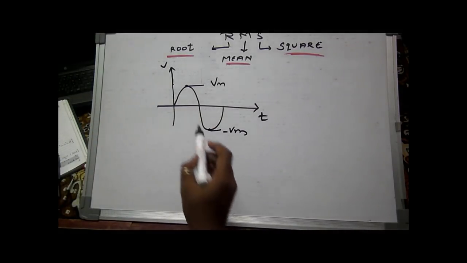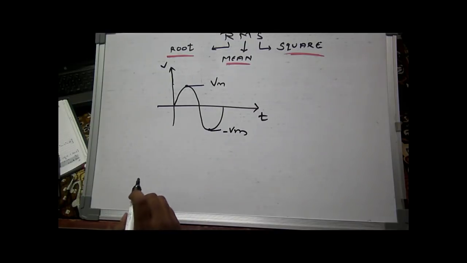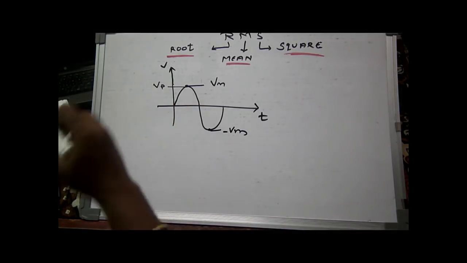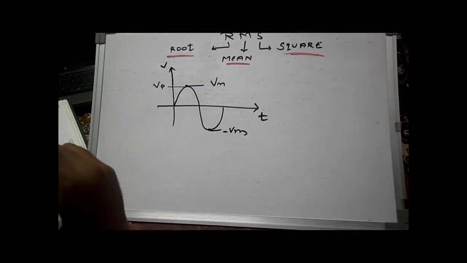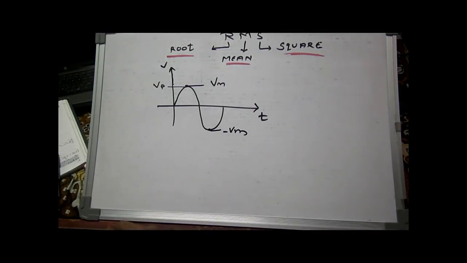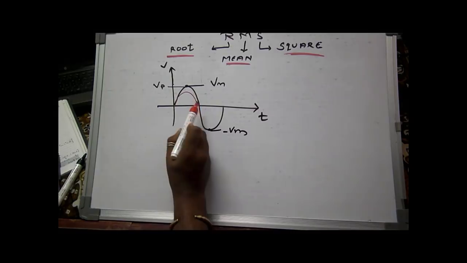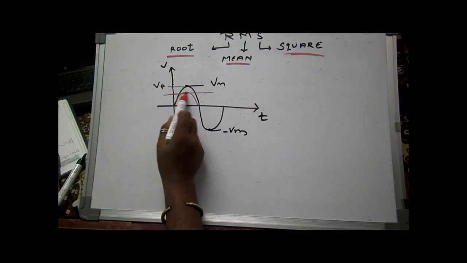These points are peak values, this is the peak positive value, that is Vp. But the RMS value is not equal to the peak value. Why? Because when we use the formula for RMS, the result we get is less than Vp. That means the RMS voltage will be somewhat here.